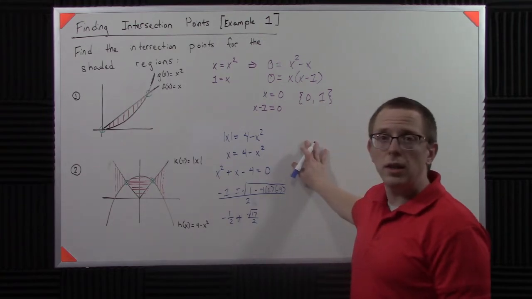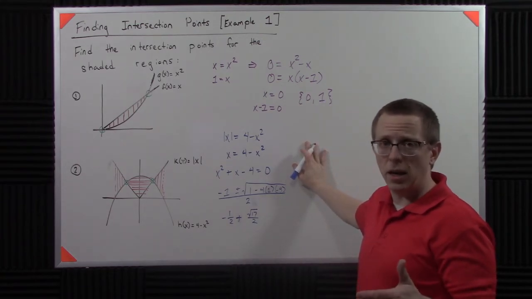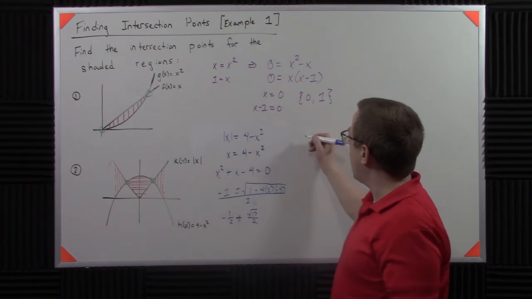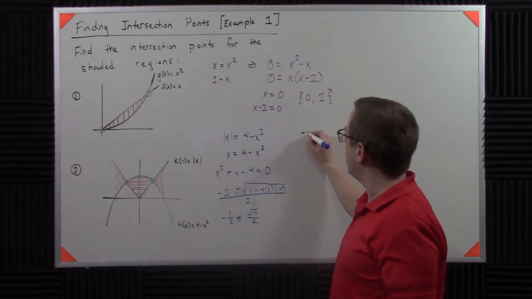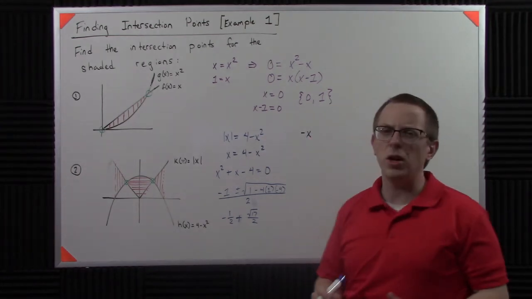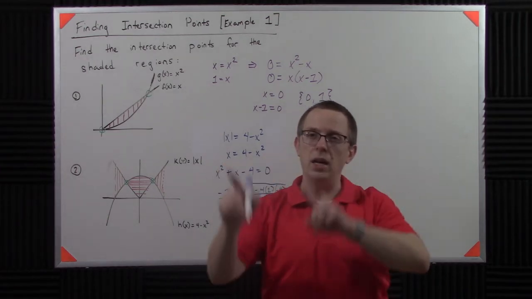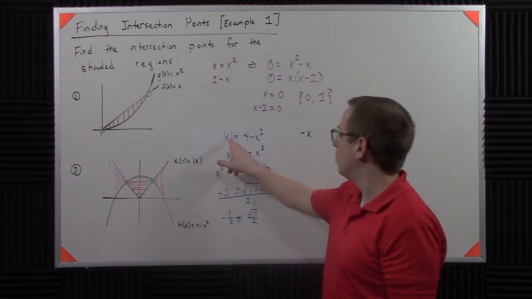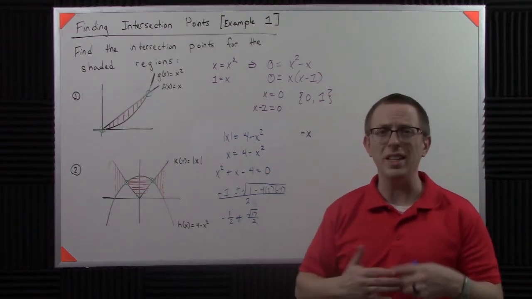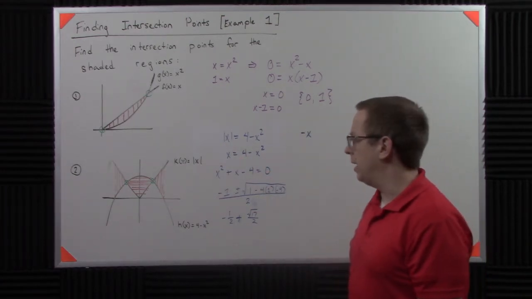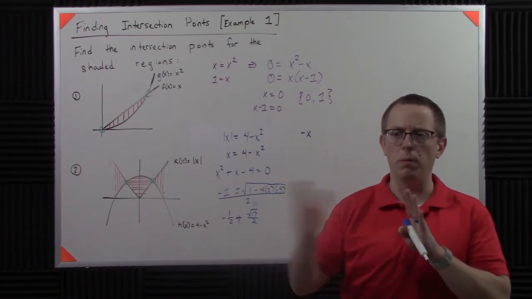Now, if we make the assumption that x is negative, then absolute value of x is negative whatever x is, right? Because if x is negative, then negative x would be positive, which is what the absolute value function is doing. It's a distance metric from how far you are.